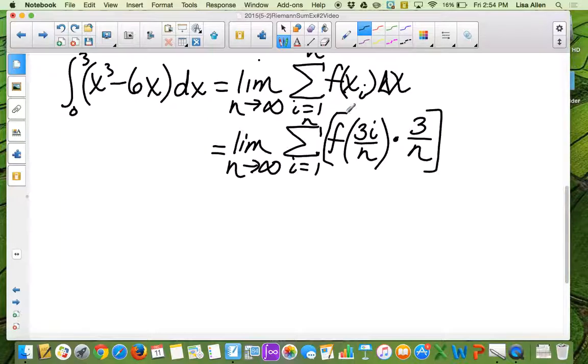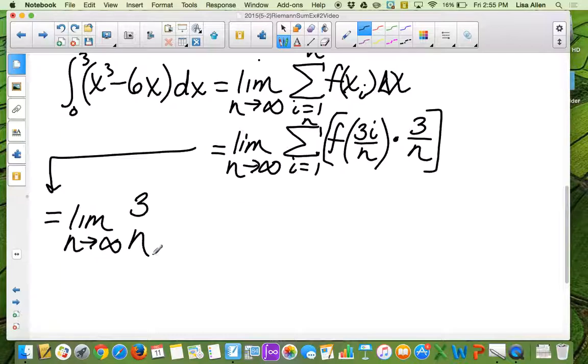All right, so now what I'm going to do is rewrite this expression, but I'm going to take the limit. I need a little more space, so I'm going to move the equal sign over. I'm going to bring out that constant 3 over n in front of the summation, because we treat it like a constant since it's not got an i in the expression.